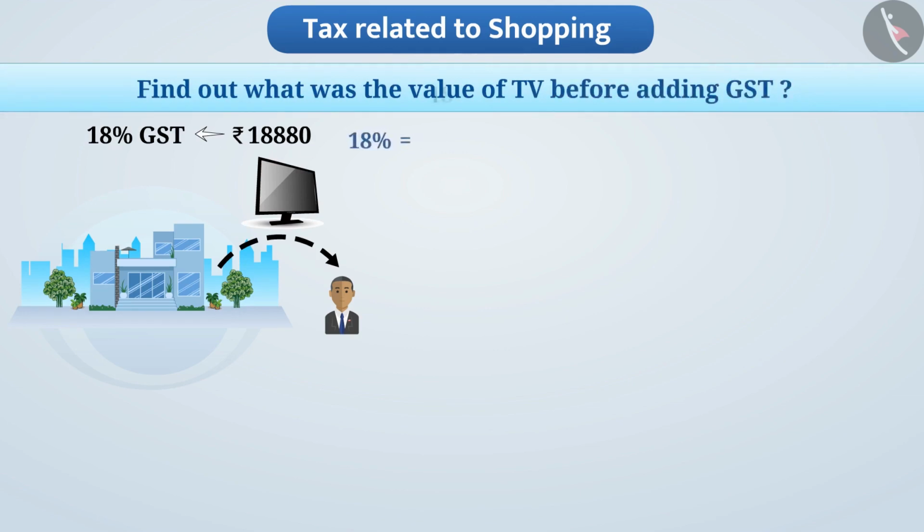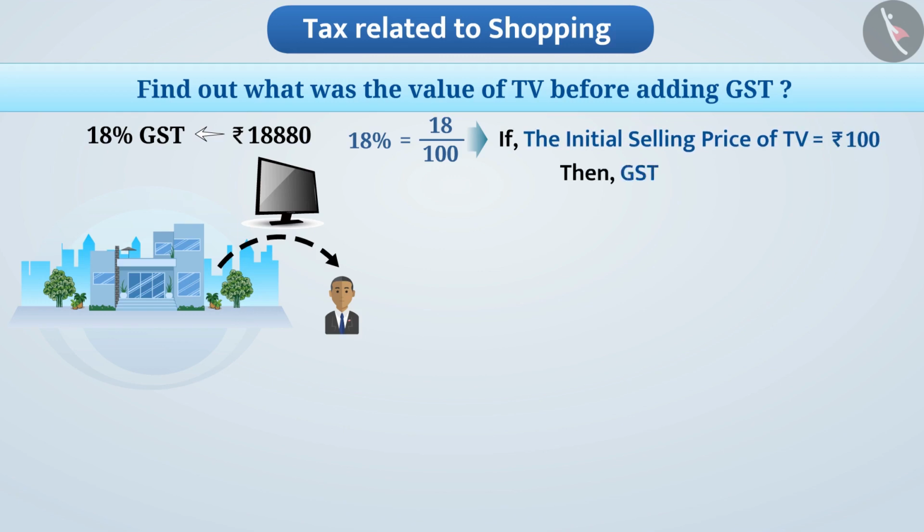18% means 18 by 100, that is, if we consider the initial selling price of the TV as 100 rupees, then it includes GST of rupees 18. Thus, the selling price will be 100 rupees plus 18 rupees is equal to 118 rupees. When the selling price is 118 rupees, then the initial selling price is 100 rupees.